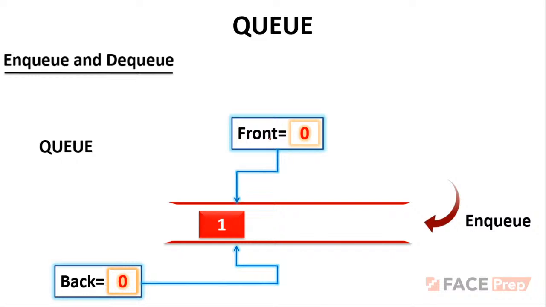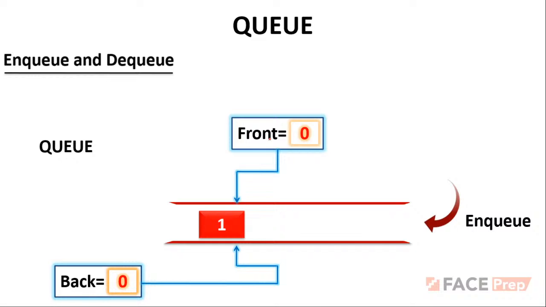Guys, remember, I'll repeat again. When the queue is empty, people change and write the conditions based on convenience, but let's make it simple. When the back value and front value are equal to -1, that is the initial part of the queue, which is empty.